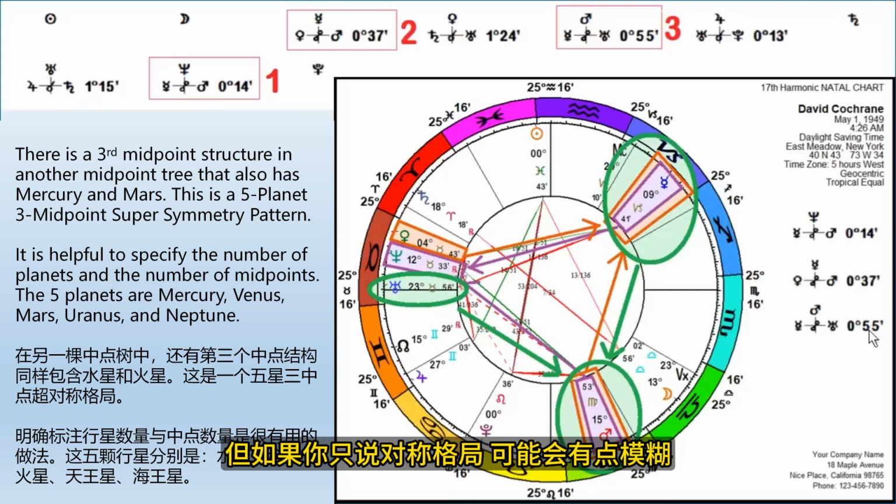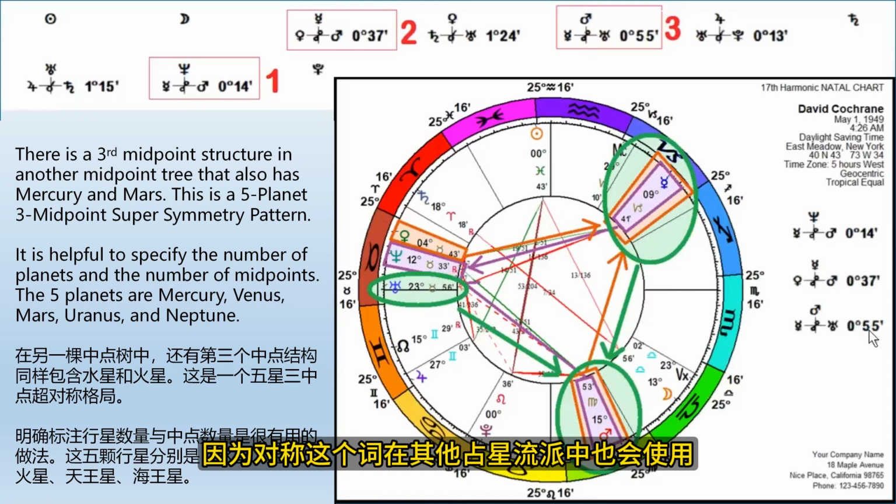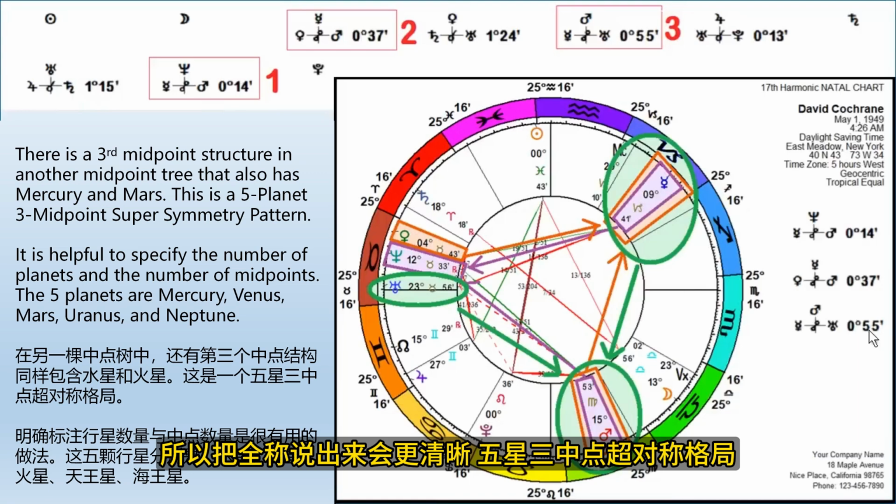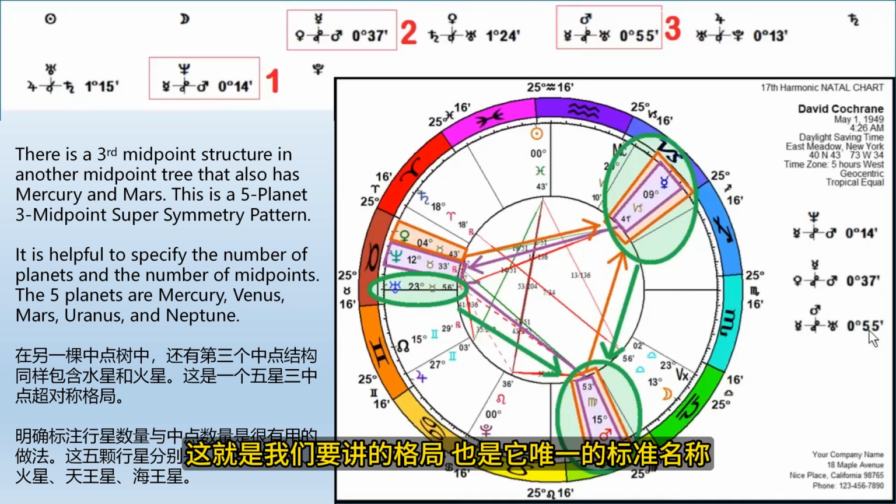But you know what? If you say symmetry pattern, it can be a little bit vague, because we use the word symmetry in other schools of astrology. It's used in a lot of different contexts in VA to mean anytime you have symmetry. So it really helps to say the whole thing: 5-planet, 3-midpoint supersymmetry pattern. That's what we're looking at.